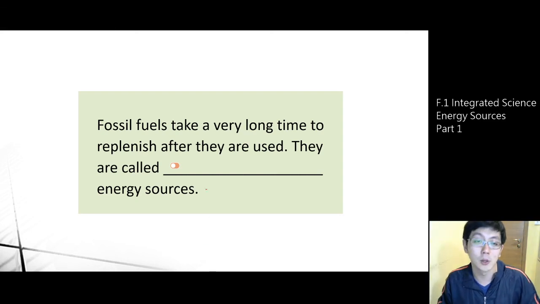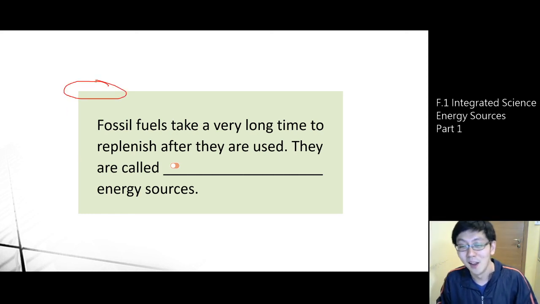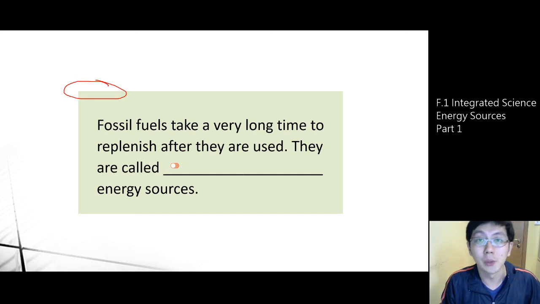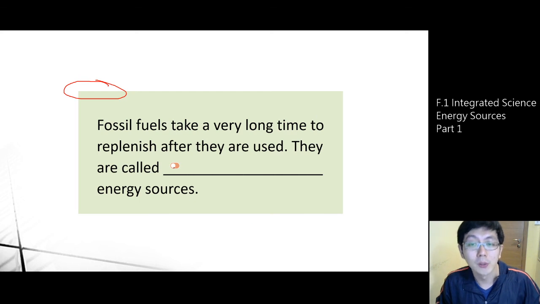Alright, so now for page 123, there is a so-called key point, but I removed the words key point here. Actually, I don't call this a key point. In this video, I just introduced one of the energy sources, fossil fuel, and how we can generate electricity. And fossil fuels cannot be replenished, 唔可以補充, after they are used because it takes millions of years.